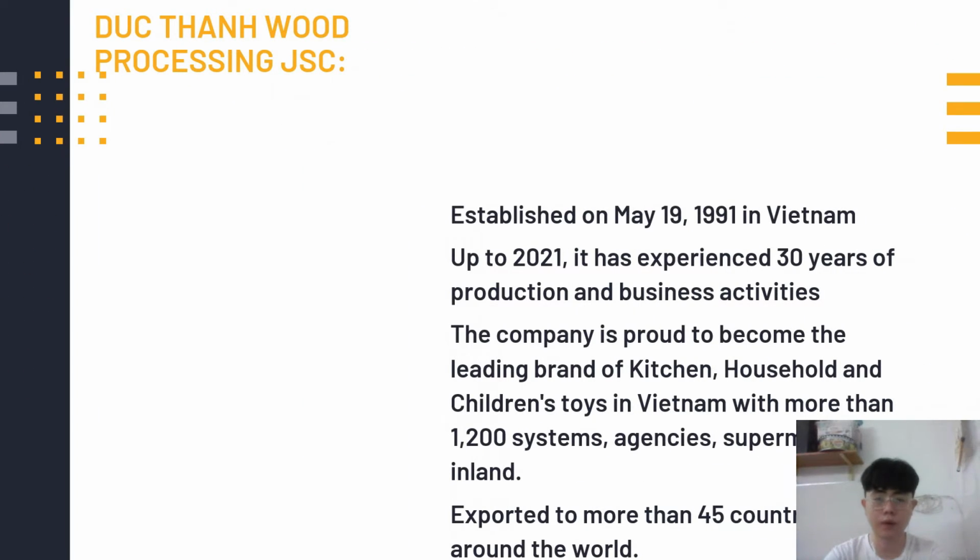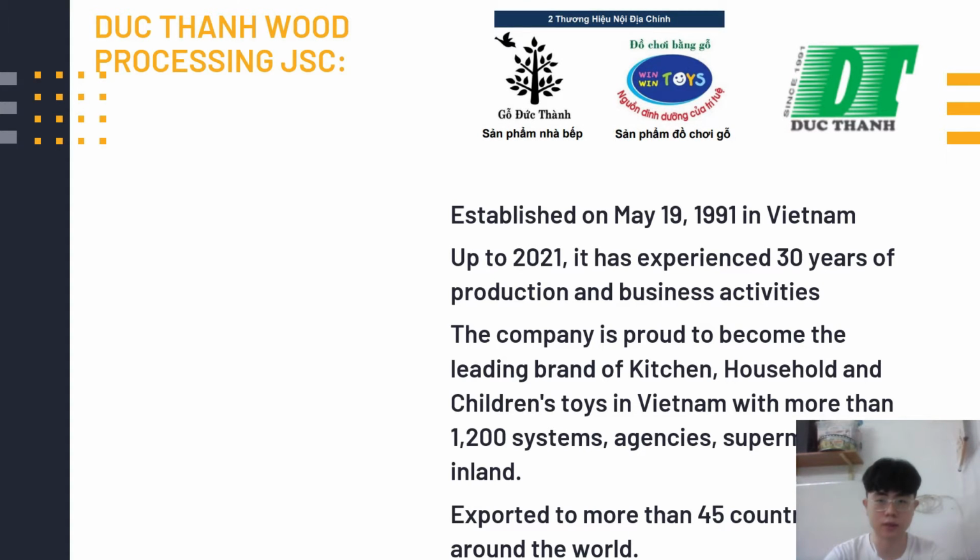You may already know about it, but just in case you don't, Đức Thành Wood Processing Joint Stock Company was established on 19th of May 1991, and up to now they have 30 years of experience in production and business activity.